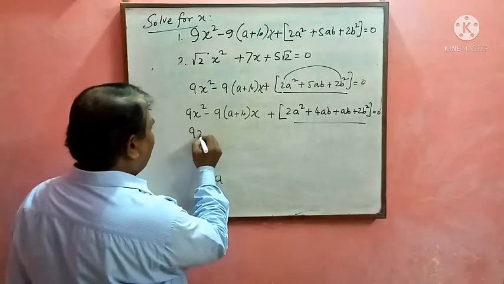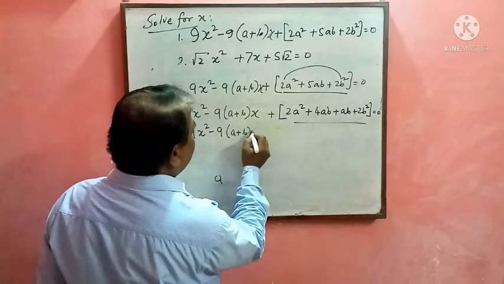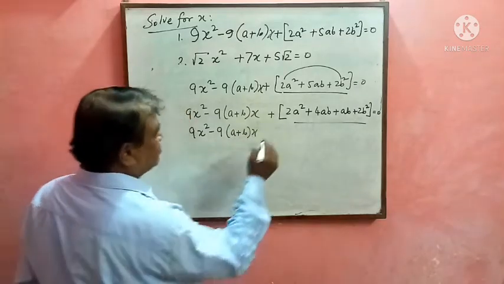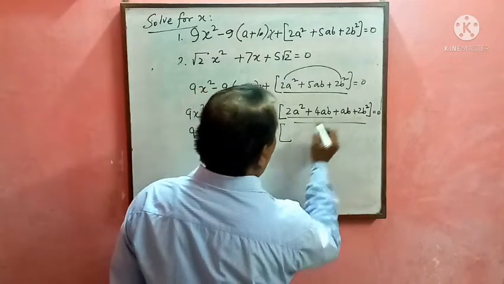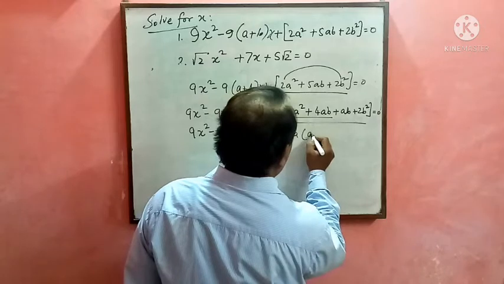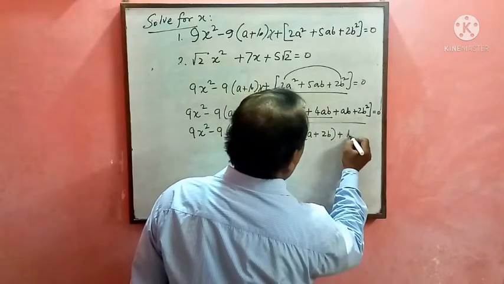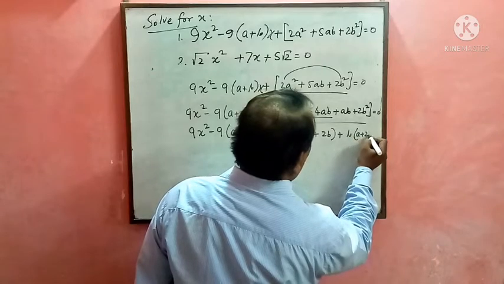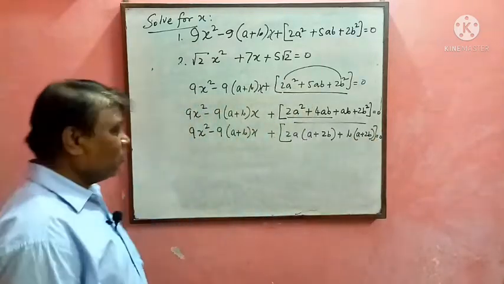Now 9x square minus 9 into a plus b x plus, here if you take common 2a, this is a plus 2b, and this is b into a plus 2b. Oh, you have the factor, no?